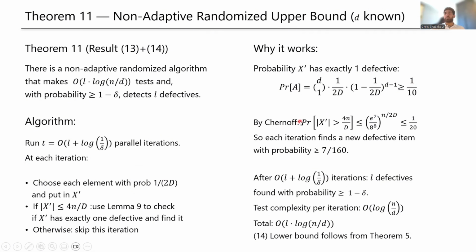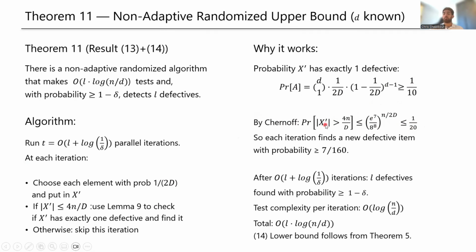And by Chernoff, if we want to estimate the probability of the size of X prime being greater than 4n divided by D, we plug Chernoff in, and we say that it's smaller or equal to this operand here, and we can also put an upper bound on it, which is 1 divided by 20.